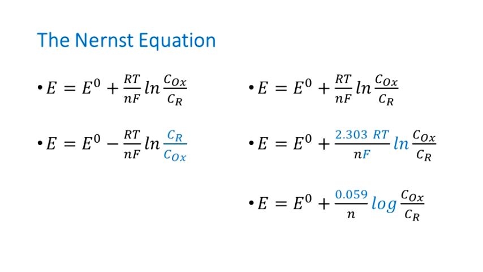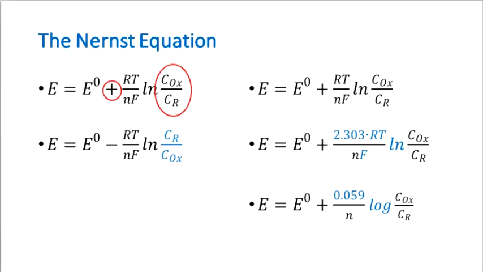These forms of Nernst equation are the most useful. But pay your attention that instead of plus you may see minus somewhere, and it depends where the concentration of oxidized or reduced form is written.